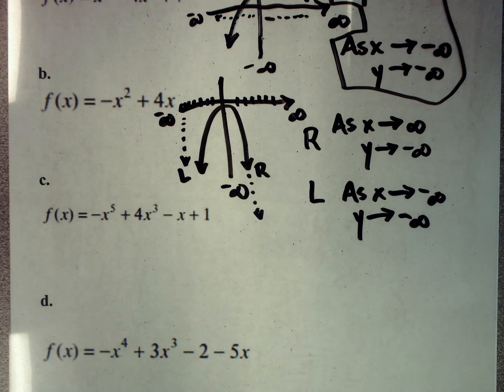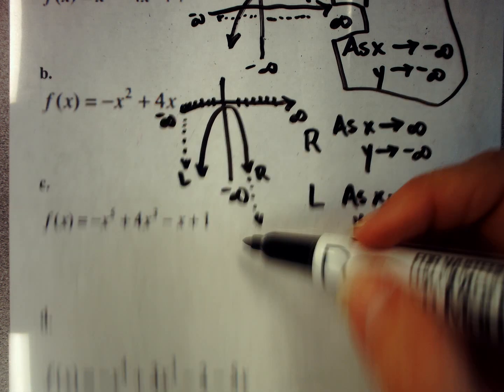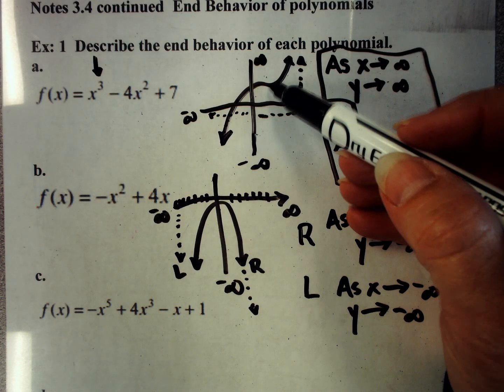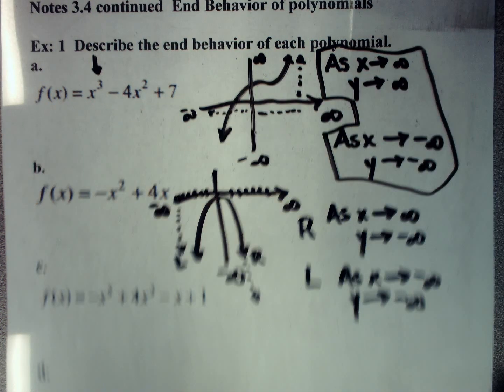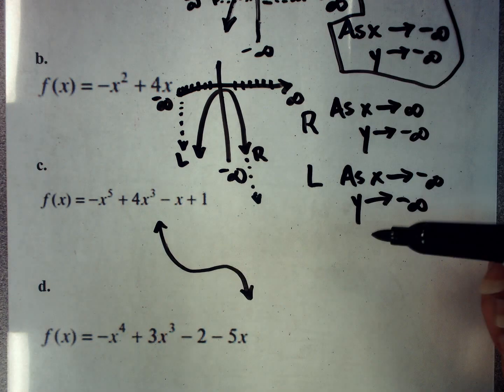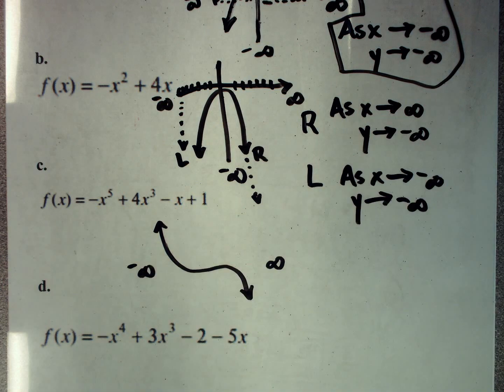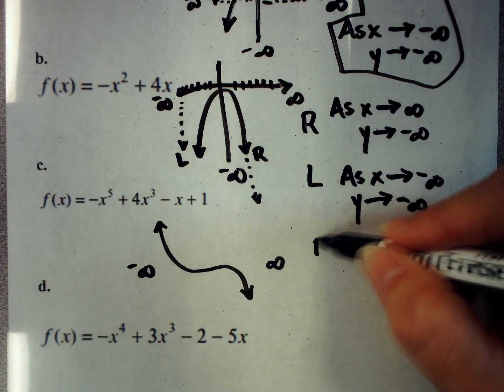Okay, what about letter C? Is that even or odd? That's odd. And it's a negative. So that means it's going to go in the opposite direction of this first one that was odd. So it's going to go like that. Okay, so let's do the right-hand side.